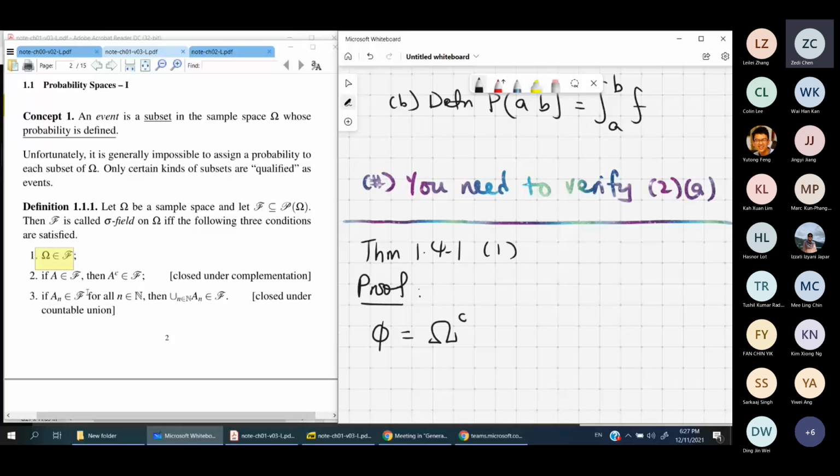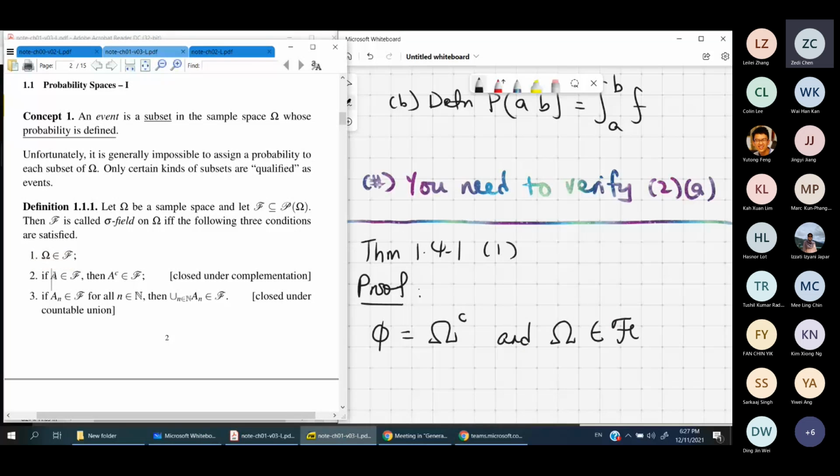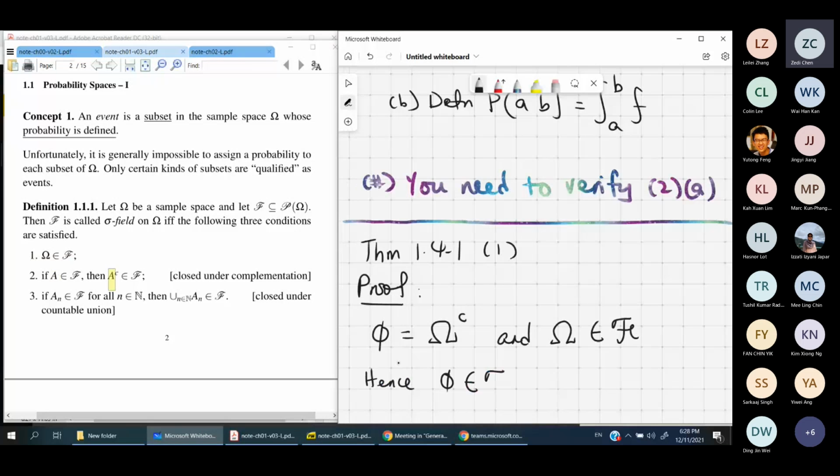And also omega belongs to F. So you just replace this to be A. Using these two, you can see omega must be an event in here.